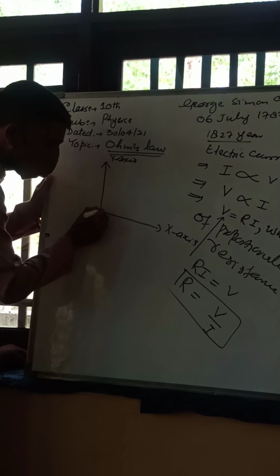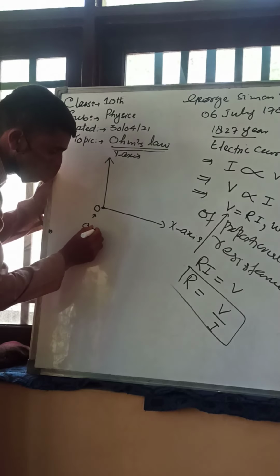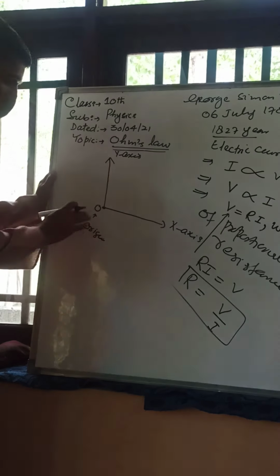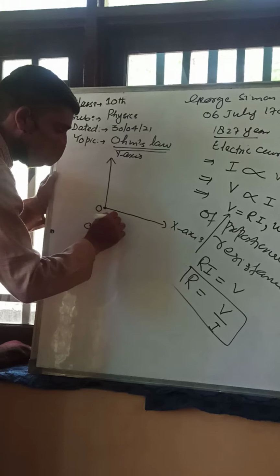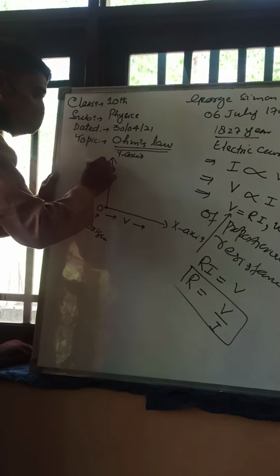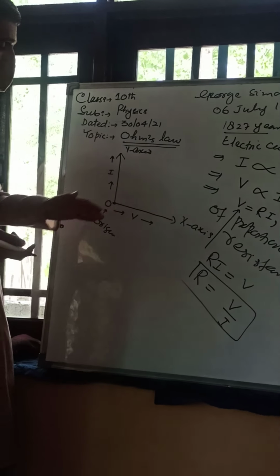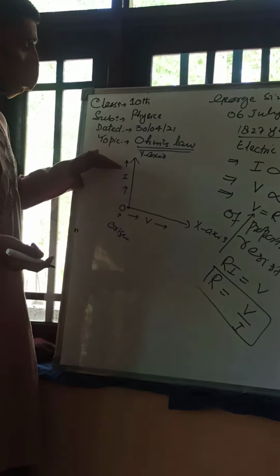These two axes meet here, and this point is called the origin, denoted by O. Through the x-axis we take potential difference V, and through the y-axis we take current I. Now we have to plot a graph between potential difference and current.